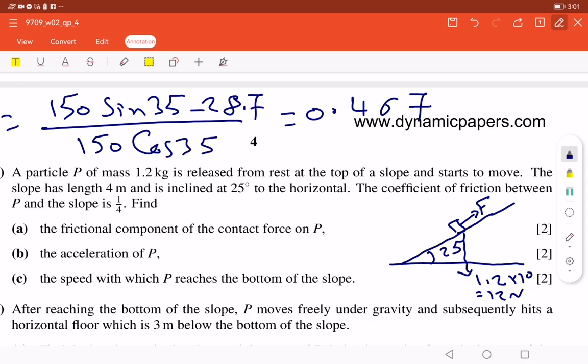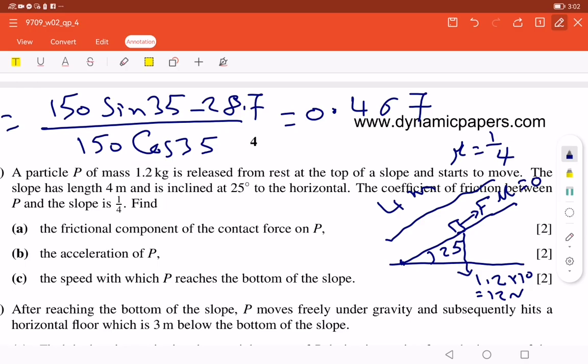What does it mean? Its initial velocity u equals 0. And also the slope, its length equals 4 meters, means the distance from the top of the slope to the bottom of the slope equals 4 meters. It's okay, the covered distance. And the friction, mu equals a quarter. It's good.